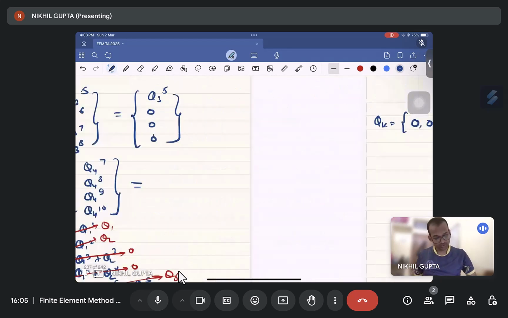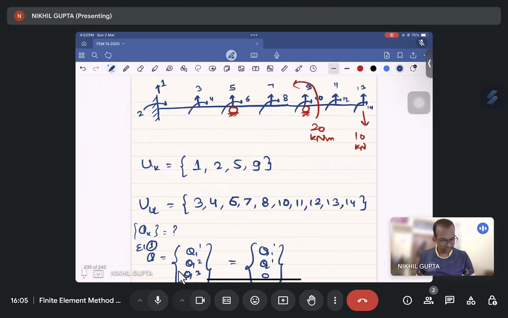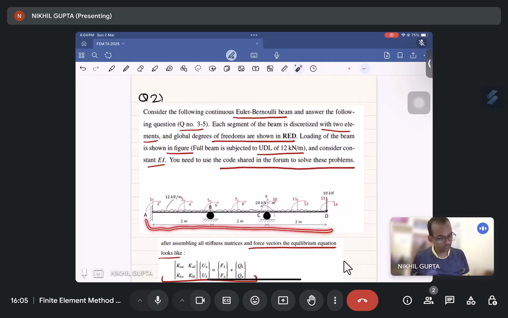Now the next question which is linked to this is: what will be the rotation of joint B? Joint B rotation we have to calculate here. So we have to find the rotation of this hinge point. Since the beam has too many nodes, you can't solve it directly by hand.